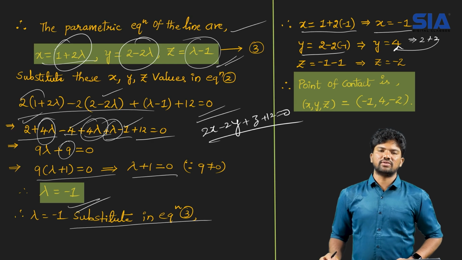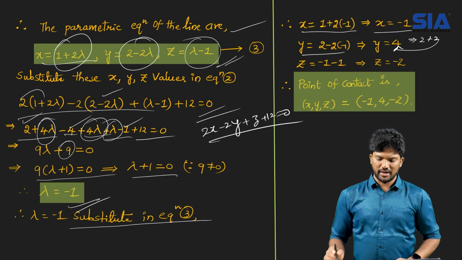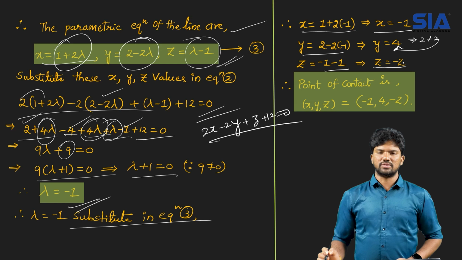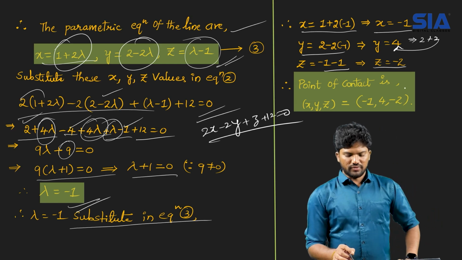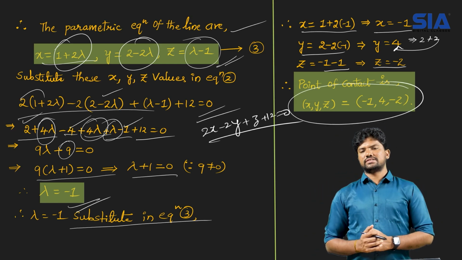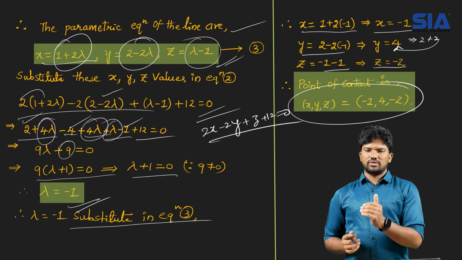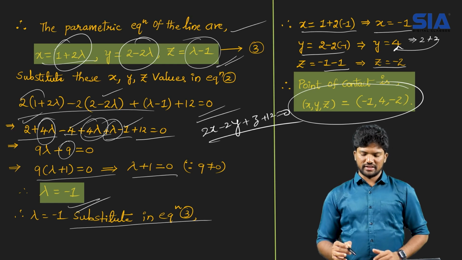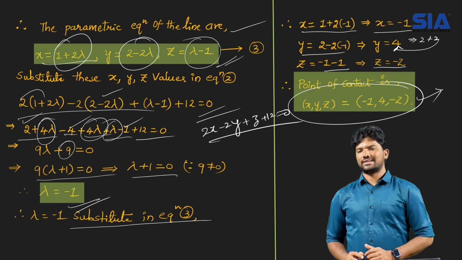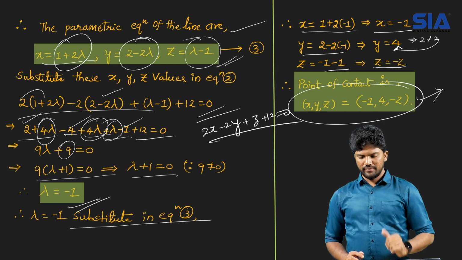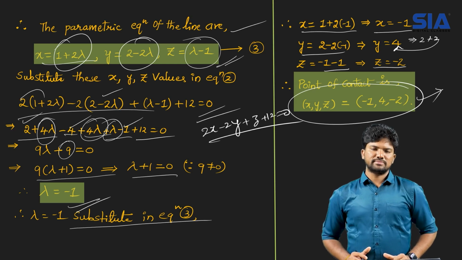Next, z is lambda minus 1, minus 1 minus 1, z is equal to minus 2. So finally x, y, z is equal to minus 1, 4, minus 2. This is the point of contact of the given sphere and the plane 2x minus 2y plus z plus 12 is equal to 0.